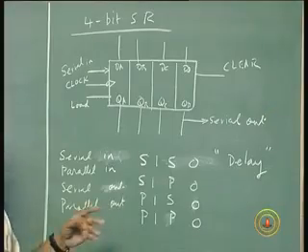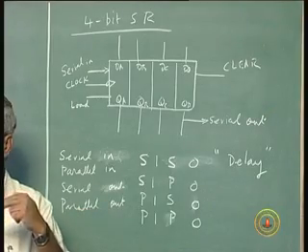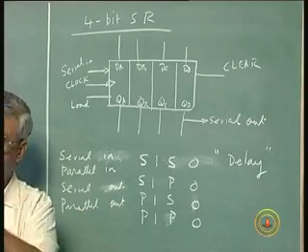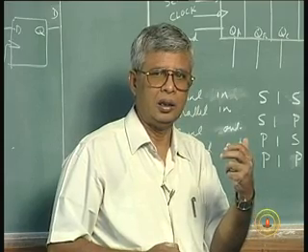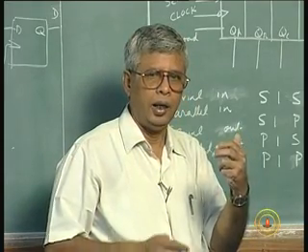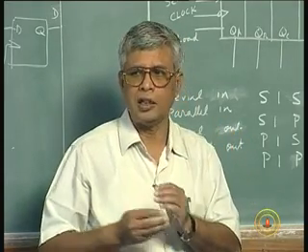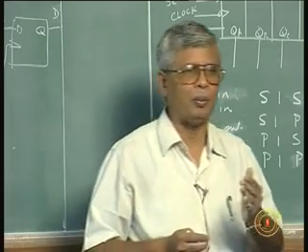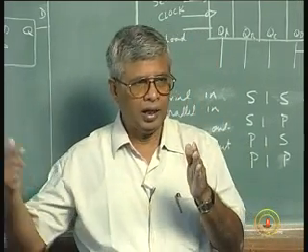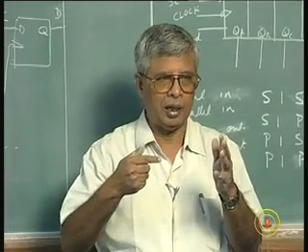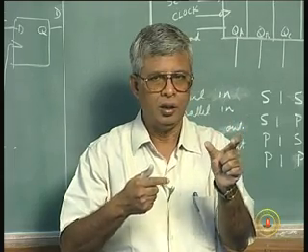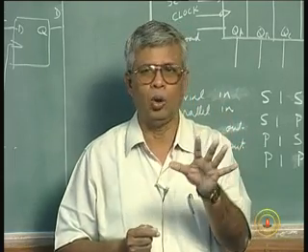Serial in, parallel out is when you have the serial input data and I want to take it parallelly, this is called serial to parallel conversion. What happens is, in some applications I have a serial input data coming in, but I have to wait for the whole bit. For example, let us assume an ASCII code, 8 bits.